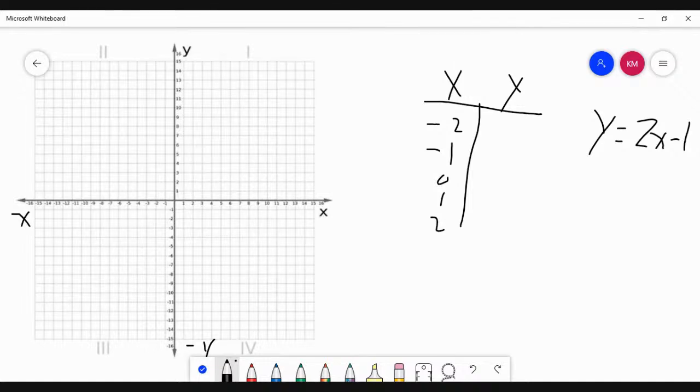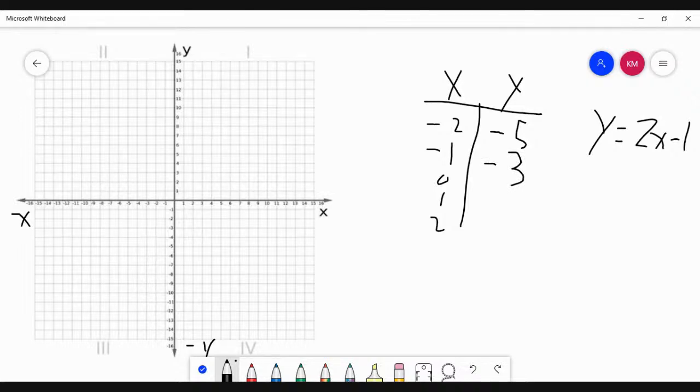-2 times 2 gives me a -4. -4 minus 1 gives me a -5. -1 times 2 will give me a -2. -2 minus 1, that gives me a -3.